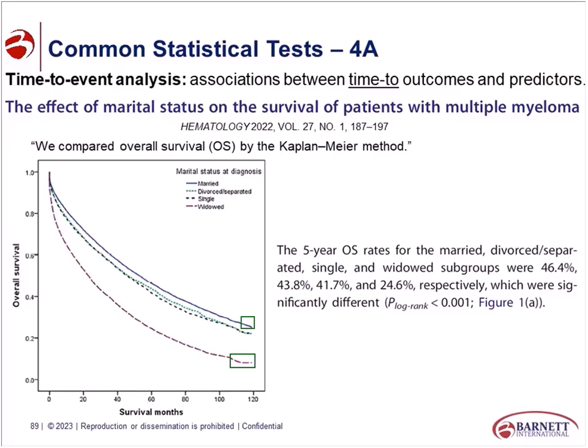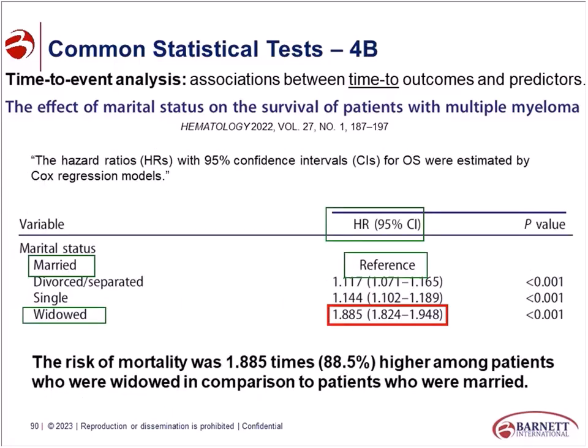The way we quantify that numerically is the hazard ratio. Here patients who are widowed are 1.855 times more likely to die compared to patients who are married. So it's much better to be married when you're diagnosed with multiple myeloma. Actually, it's not good to be diagnosed, period, with multiple myeloma. But those who were married had a better survival rate than those who are not married.